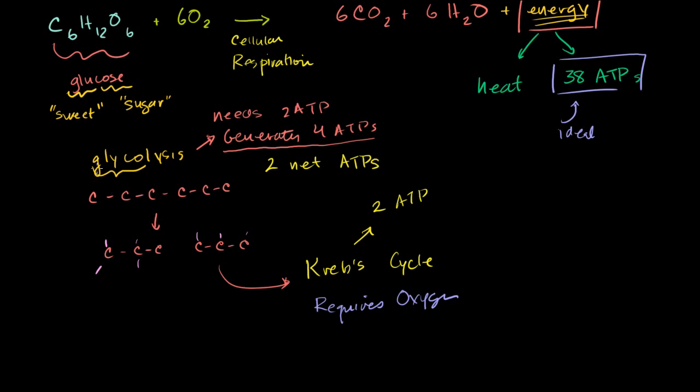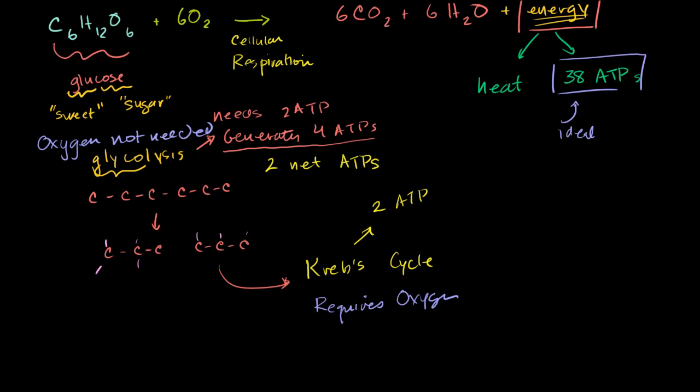Glycolysis, this first step, doesn't need oxygen. It can occur with oxygen or without it. Oxygen not needed. You could say this is called an anaerobic process. This is the anaerobic part of respiration. Let me write that down too.